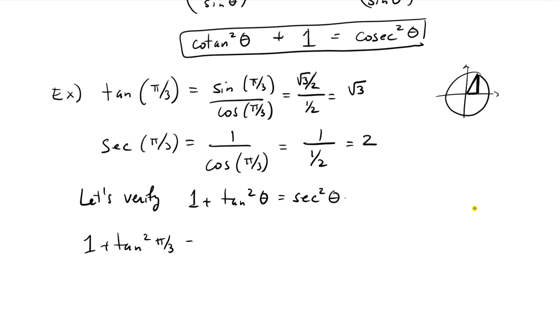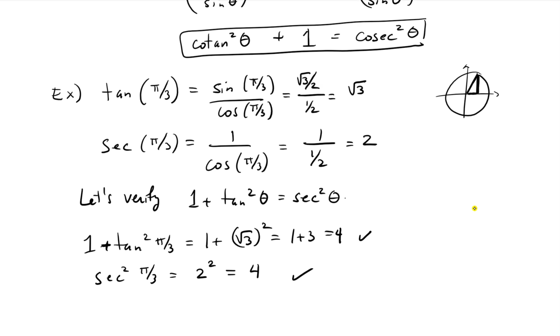I'm looking at this identity for a specific case to see if my example validates the identity that should be true in general. So 1 plus tan squared of pi over 3, that's 1 plus root 3 squared. And this is 1 plus 3, this is 4. Let's see if we get 4 on this side. Sec squared of theta should be equal to 4. Sec squared of pi over 3, that's 2 squared, and 2 squared is 4. So you can see they're both equal.